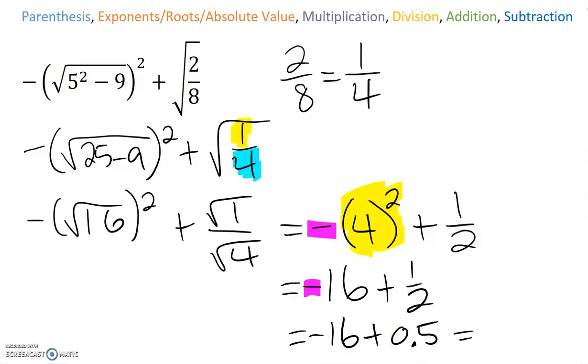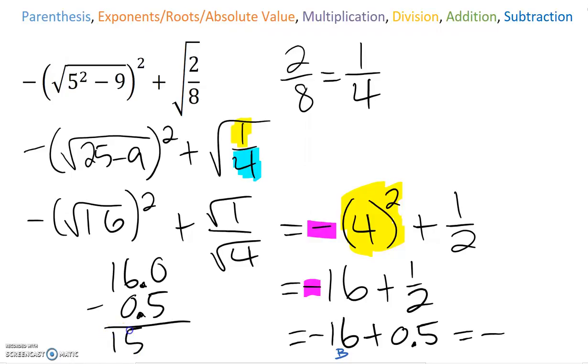So the bigger number in this case is the 16. So we know that our answer will be negative, and then we subtract them. So 16 minus 0.5. Well, I'll add the decimal, and I'll add a 0 here, and we get 15.5. So in the end, our answer would be negative 15.5.